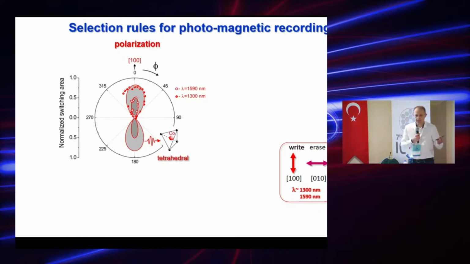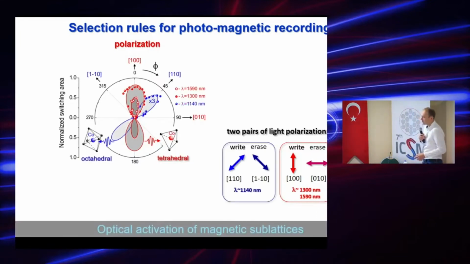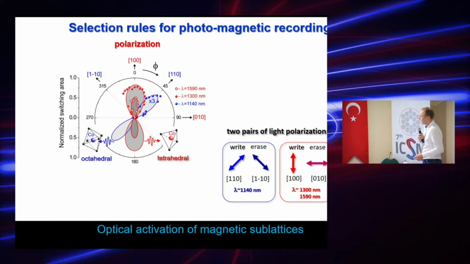This is along the cube edge, corresponding to the symmetry of the tetrahedral sublattice, and switching with polarization close to the 110 orientation reflects the trigonal symmetry, the symmetry of the octahedral sublattice.